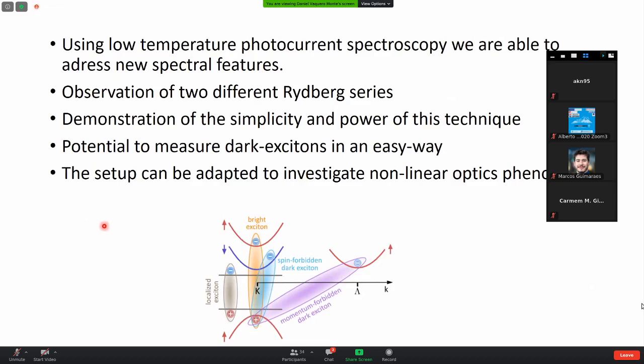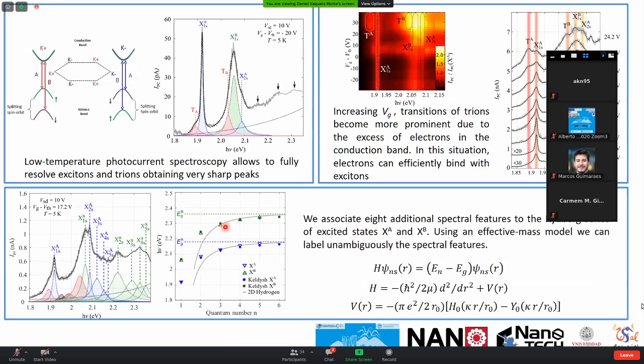As future work, we can use this system to measure dark excitons in an easy way, the dark excitons that are spin forbidden transitions and momentum forbidden transitions. And this setup can be adapted to investigate nonlinear optics phenomena. Here is a summary of the presentation, and thank you for your attention.